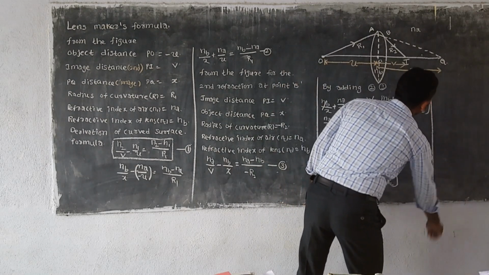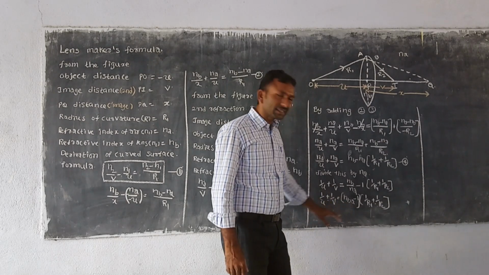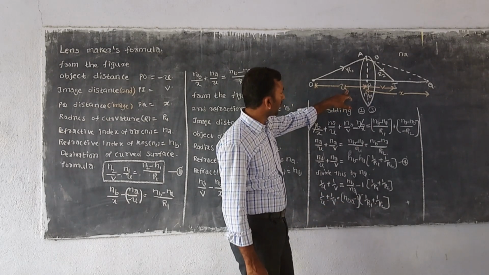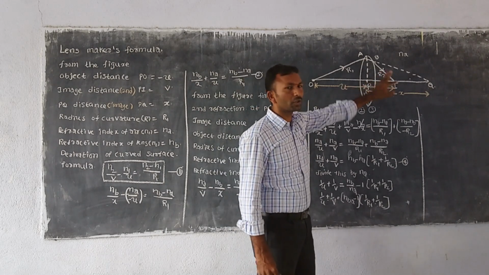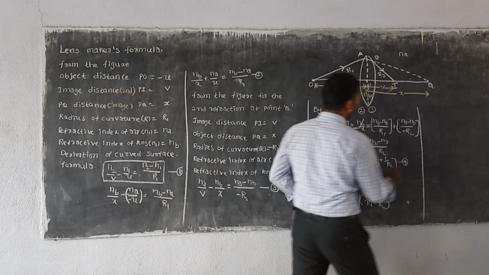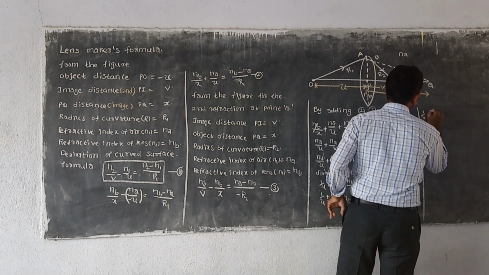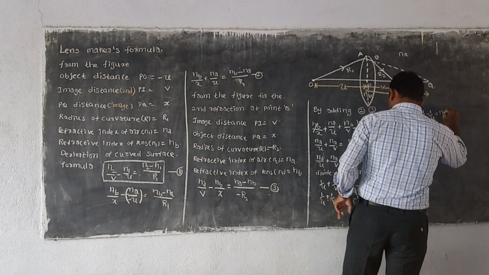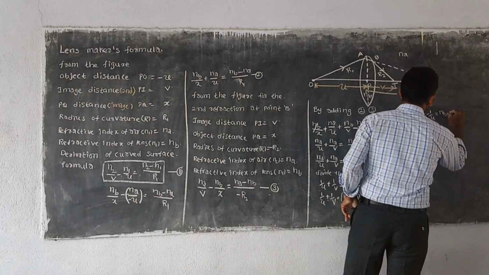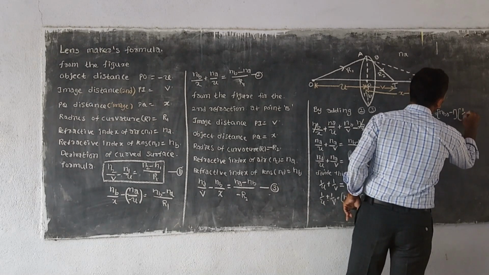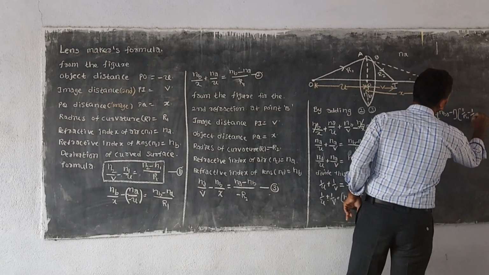If we apply the sign convention to this equation, the U value is negative and the R2 value is also negative. So the equation changes into 1 by V minus 1 by U equals NBA minus 1 into 1 by R1 minus 1 by R2.